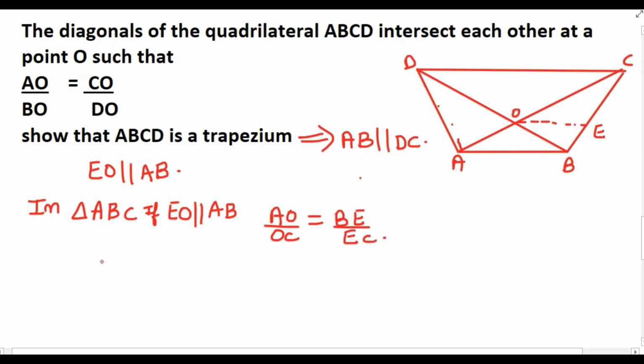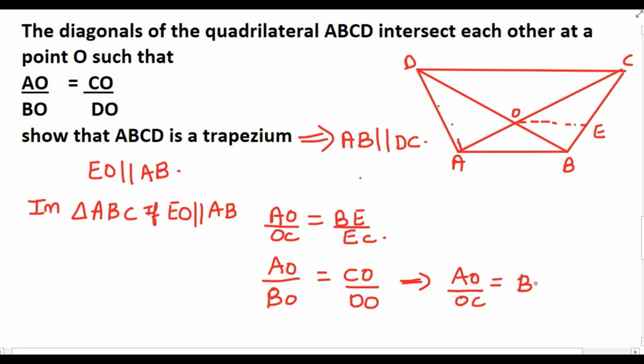In the same way, I can write AO divided by OC equal to BE divided by EC. Already they have given in the question AO divided by BO equal to CO divided by DO. So I can cross multiply: AO divided by OC is equal to BO divided by DO.